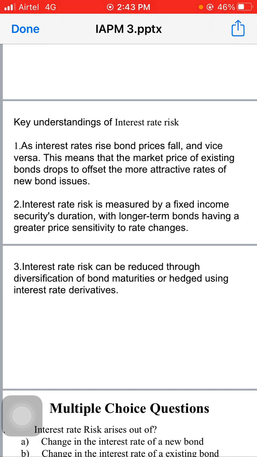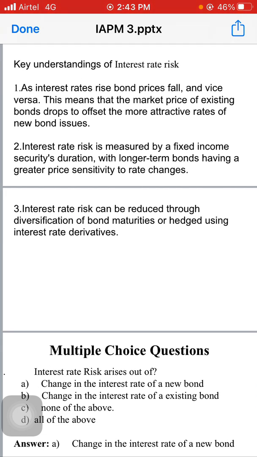If interest rate risk is measured for fixed income, for example for longer securities like 20 years, 15 years long term bonds, they have great price sensitivity to rate changes, because rather than waiting for 15 years, people can go for a new bond which has attractive rates, or they would like to opt for the new bonds with attractive rates than the bond which Mr. A has to offer in the secondary bond market.